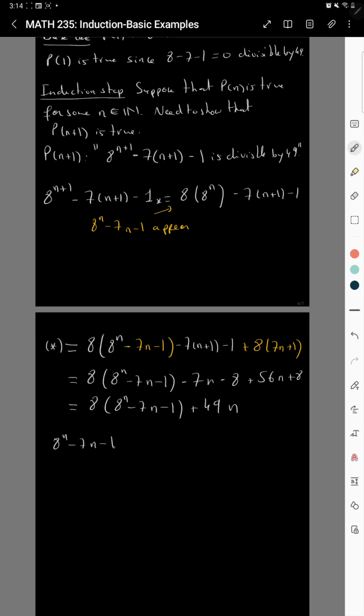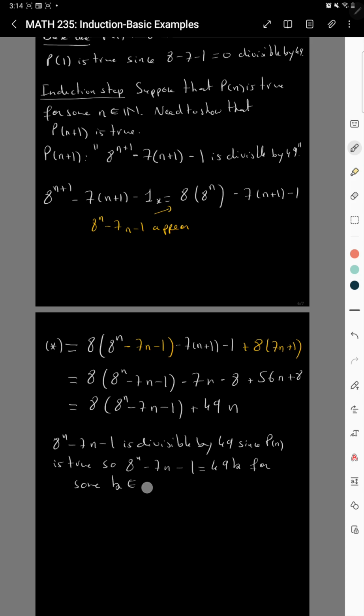8 to the n minus 7n is divisible by 49, since Pn is true. So 8 to the n minus 7n minus 1 is equal to 49k for some k in N, or I mean in Z, let's say, because we don't know that this quantity is strictly positive, but it's more or less obvious.